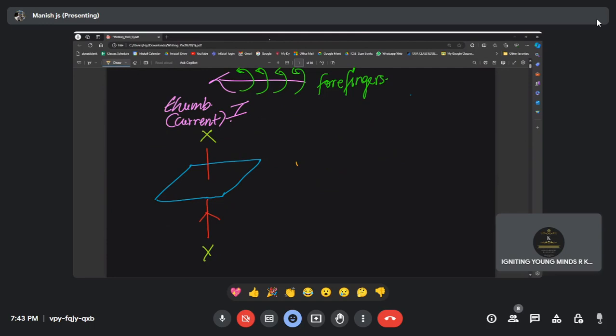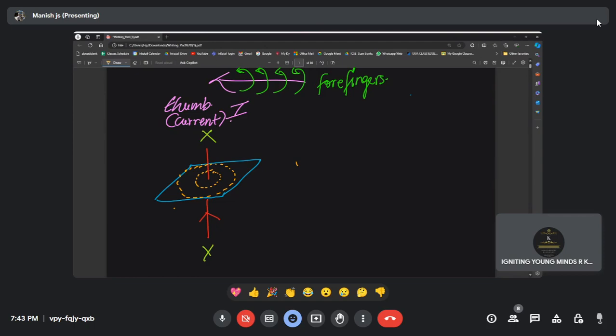You take iron filings, which are nothing but fine pieces of iron, and you spread them around the conductor and gently tap it. There is something that can be observed. You can see that there are small circles formed like this. I'm drawing it here so that you can visualize it. Circles like these are formed surrounding the current carrying conductor.